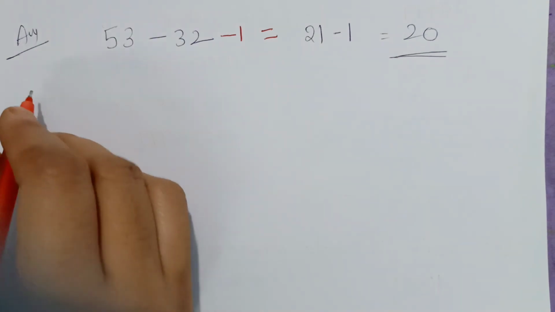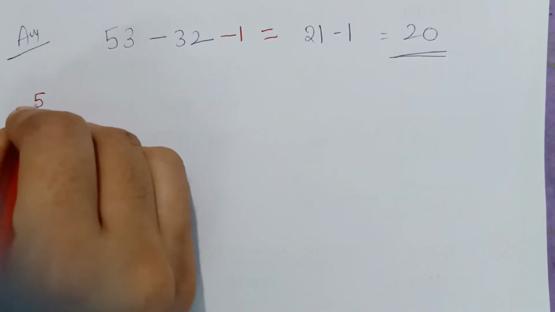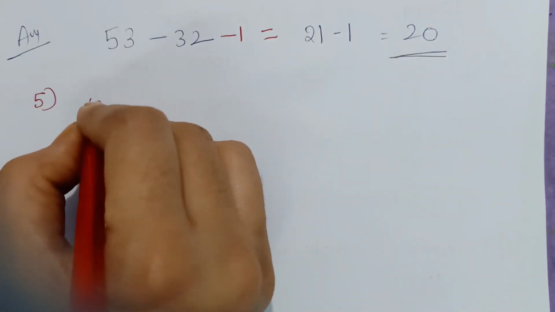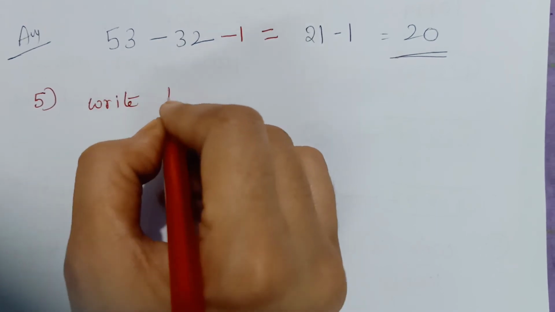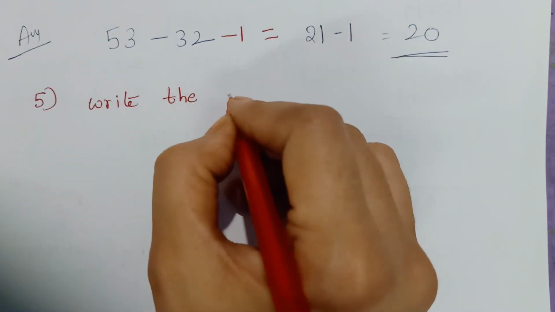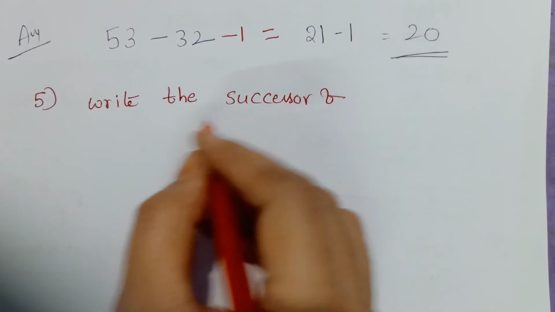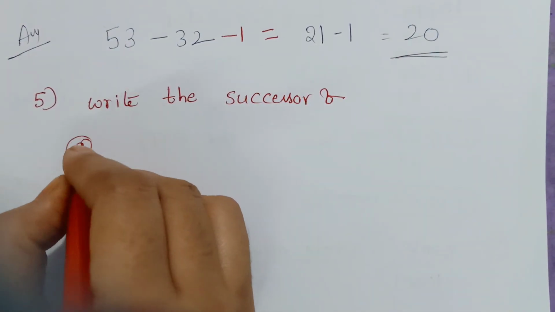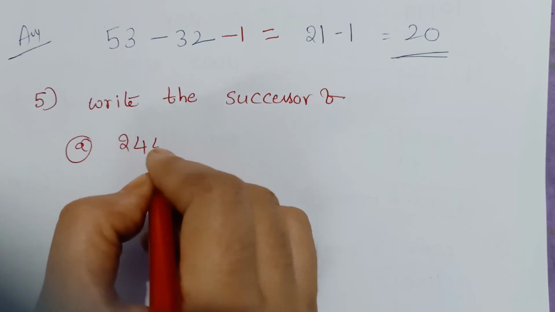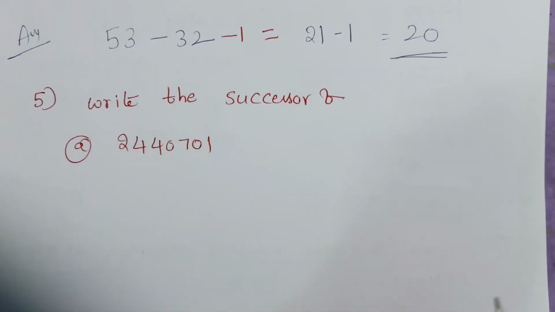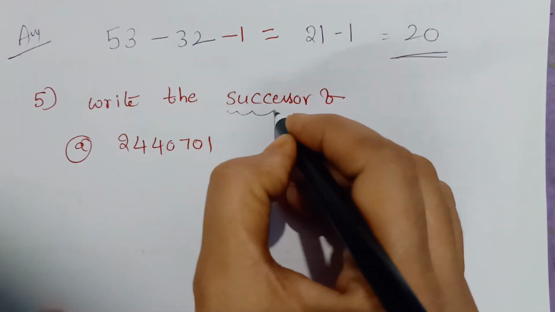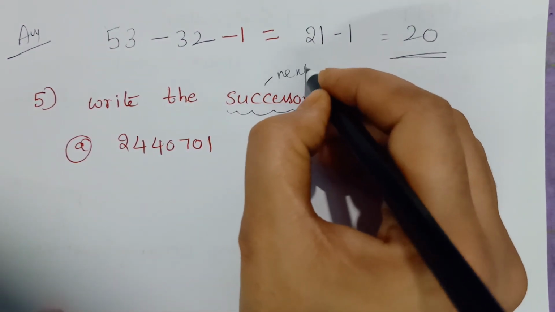See here, this is the question. Write the successor of 2440701. How do you write the successor? It means the next number.